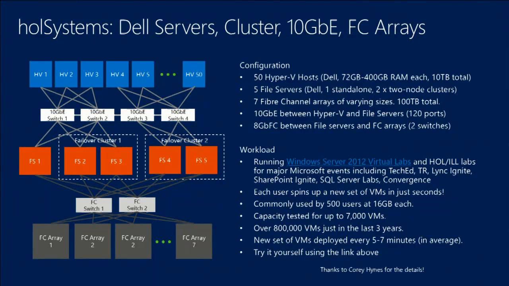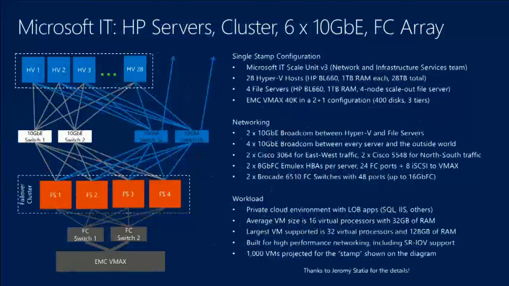So I gave you some data points there so you can see how it's going. Another one, there's a crazy group at Microsoft that does a lot of infrastructure. So they're deploying a 28-node solution with 10 gig switches going to a 4-node file server cluster going to an EMC VMAX. So that's yet another kind of solution.